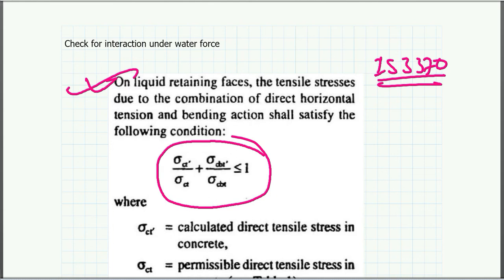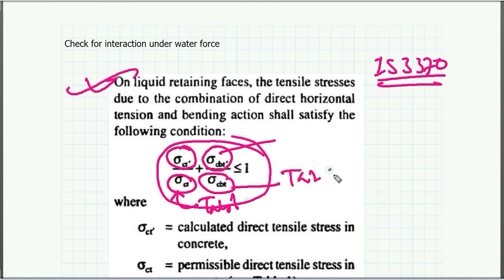What is sigma ct dash? Sigma ct dash is the calculated direct tension, and sigma ct is the permissible direct tension due to cracking as per Table 1. Sigma cbt dash is the calculated value of the bending tension, and sigma cbt is the permissible value as per Table 1 due to bending.